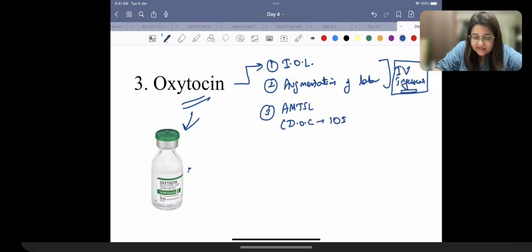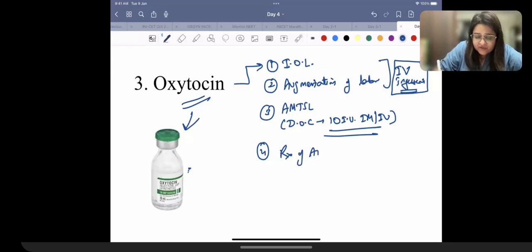It is given as 10 international units intramuscular or intravenous. It is the drug of choice for prevention of atonic postpartum hemorrhage. Okay. Then it is used for treatment of atonic postpartum hemorrhage. It is also used when there's a retained placenta. It can be used in retained placenta.